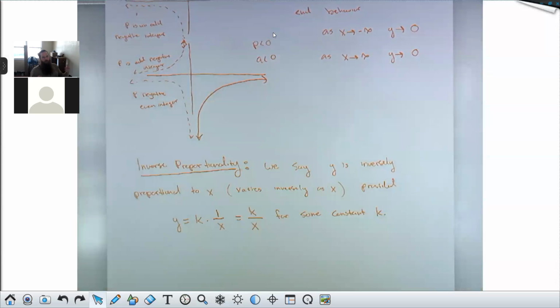So if I say that one thing varies inversely with another thing, I mean that they're related by an equation like this, that one is equal to a constant times the reciprocal of the other.